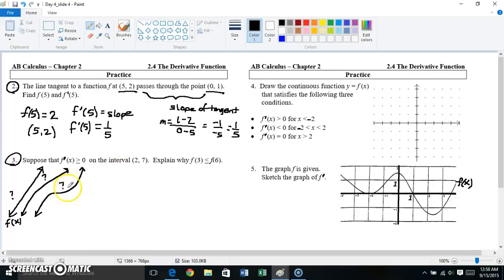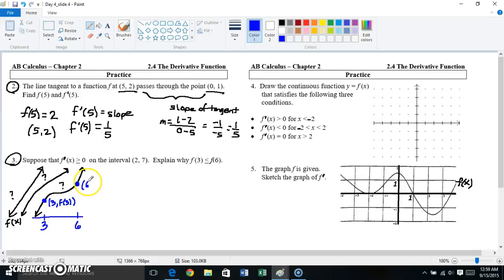So I'm just going to pick this graph here, this one to the right. x equals 3 has to come before x equals 6. And so this point would be 3, f of 3.